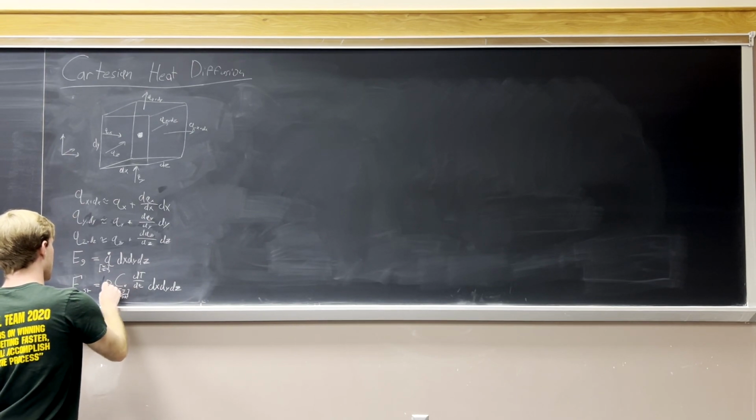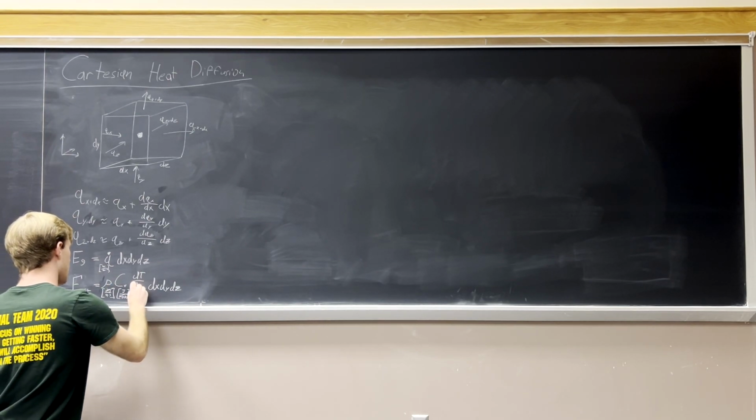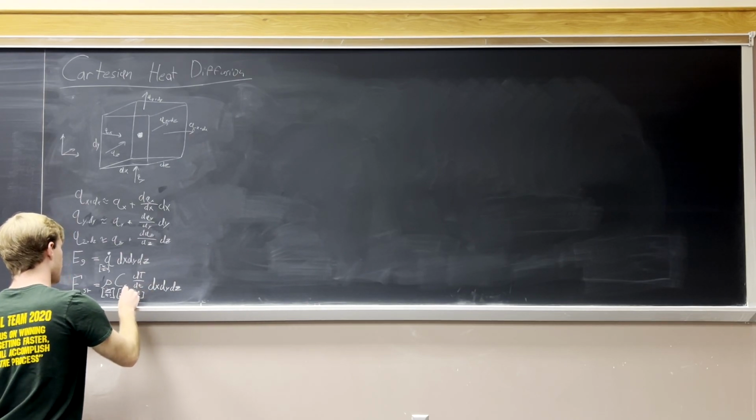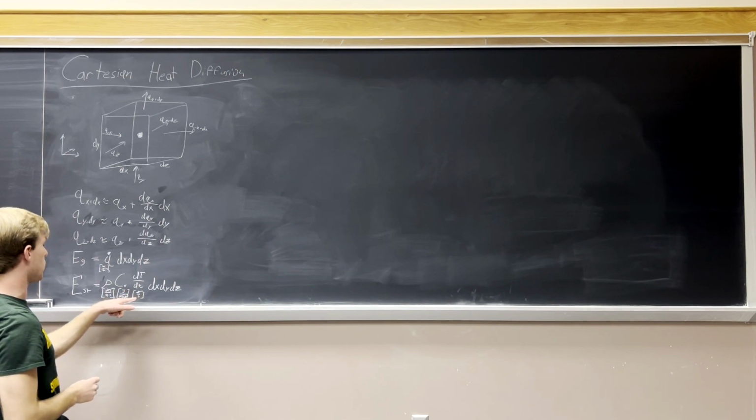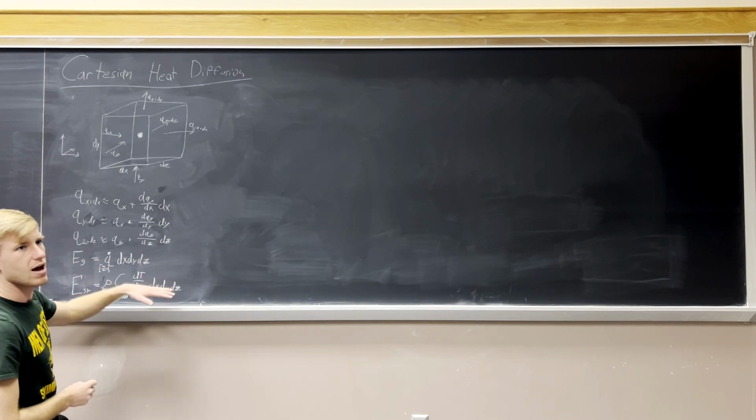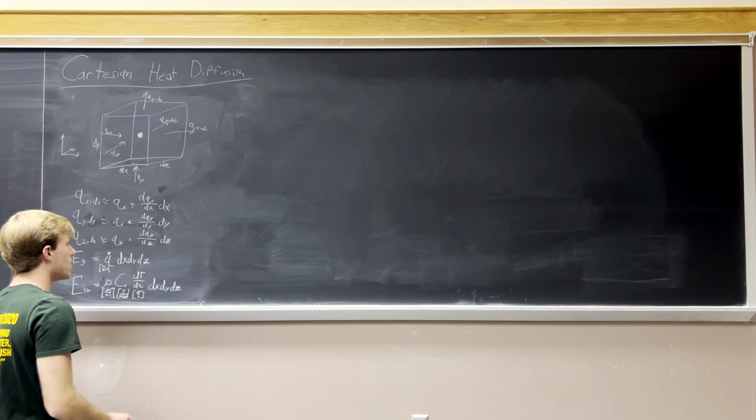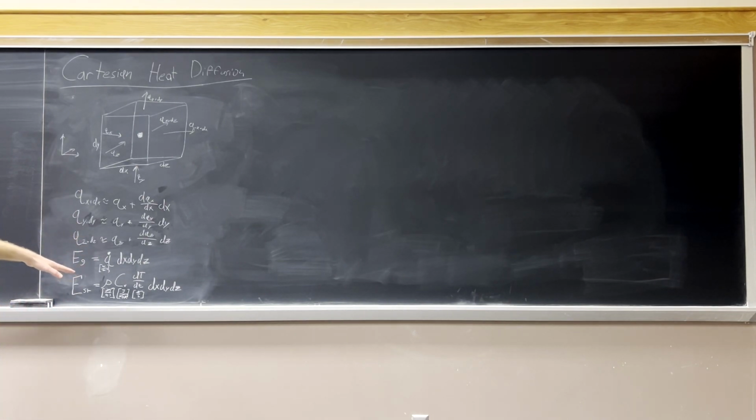So those kilograms will cancel out. This is kelvins per second, just to show you the units cancel. Our kelvins cancel, so we have joules per second, which is a watt per meter cubed. Then right here we have the volume, so these will cancel out with the meters. And so all of our units will work and we'll end up with watts, joules per second.